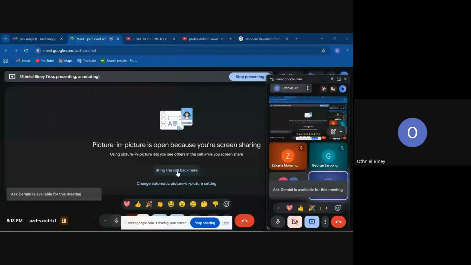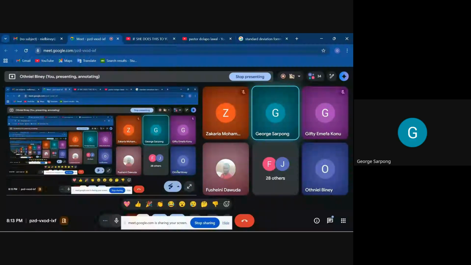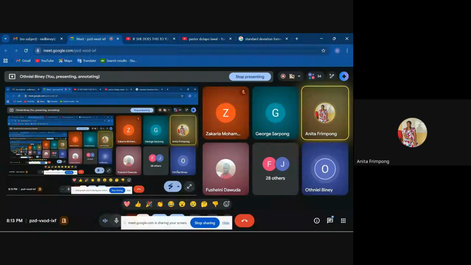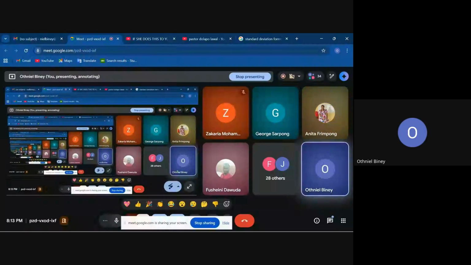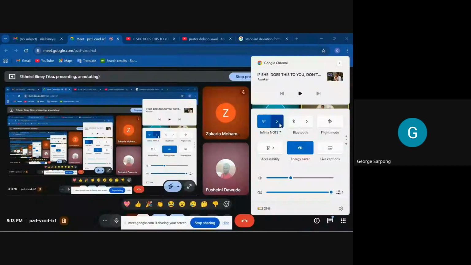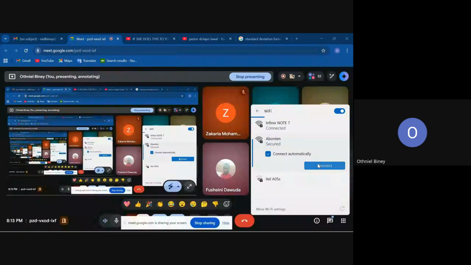Can you see the screen now? No, sir, still no. Maybe it's the network. It might be my network. Anita, if you can see, then continue for me because I can't see. Let me just switch internet connections and see.